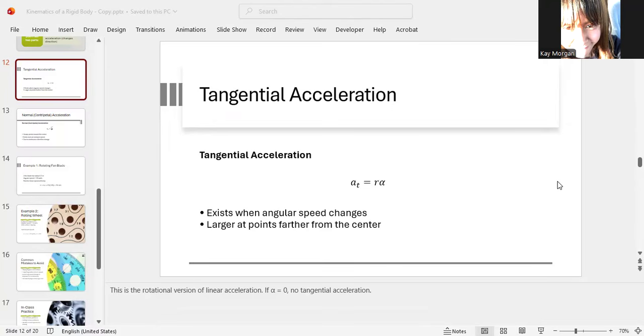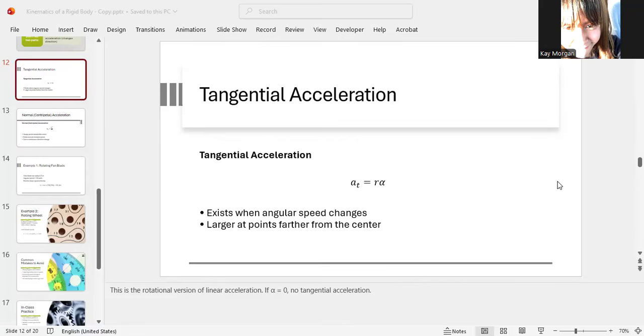If your angular speed is not changing, you don't have tangential acceleration. And don't get confused with the linear speed. You have two speeds going on. Now we're looking at the angular speed about this motion. If that changes, you're going to have a tangential acceleration.